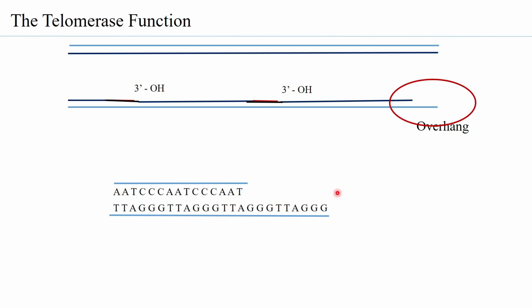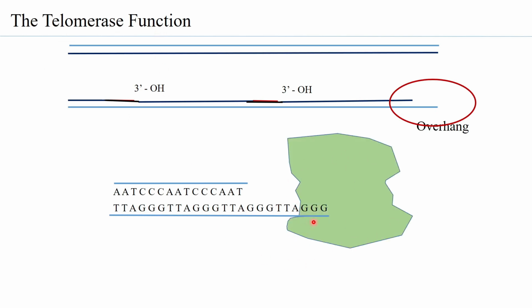That primer has been removed. It may be removed by RNase H, but the DNA polymerase was able to synthesize the new strand only until here, and therefore you have this overhang present. So this is the 3' overhang. Now this portion is extended further by telomerase. So let us see how it does so.